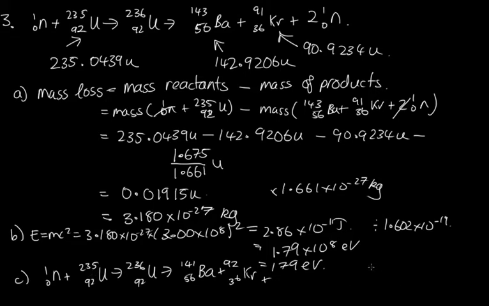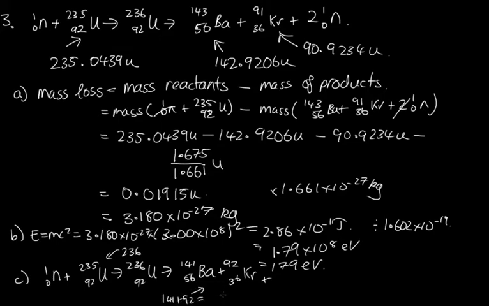So on the left we can see that 92 plus 0 remains at 92. 56 plus 36 is 92. So the atomic numbers are all balanced. We need to work out the mass number. On this side it's 236. On this side we've got 141 plus 92.